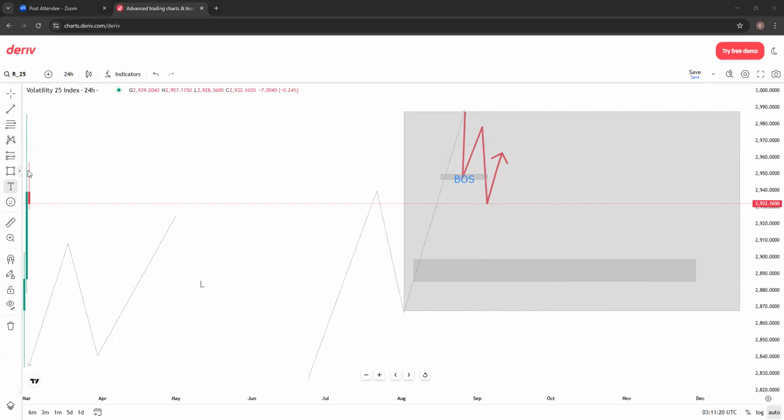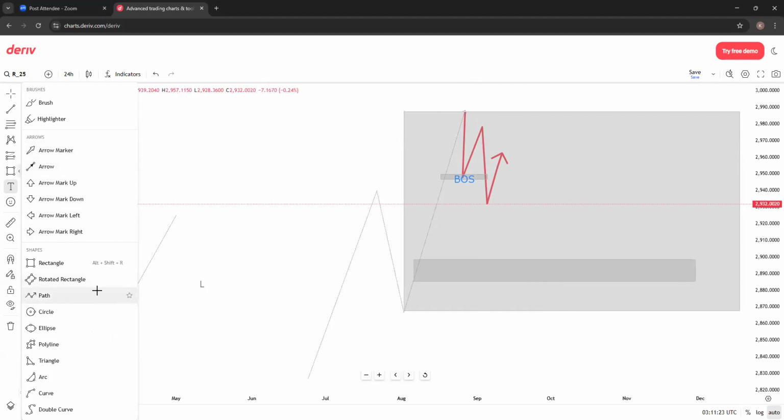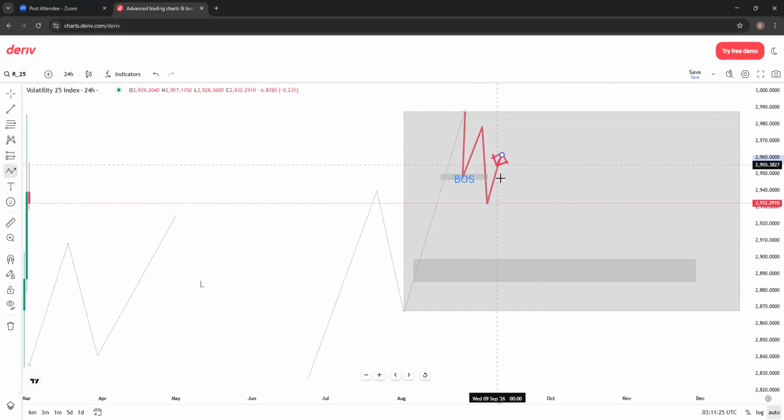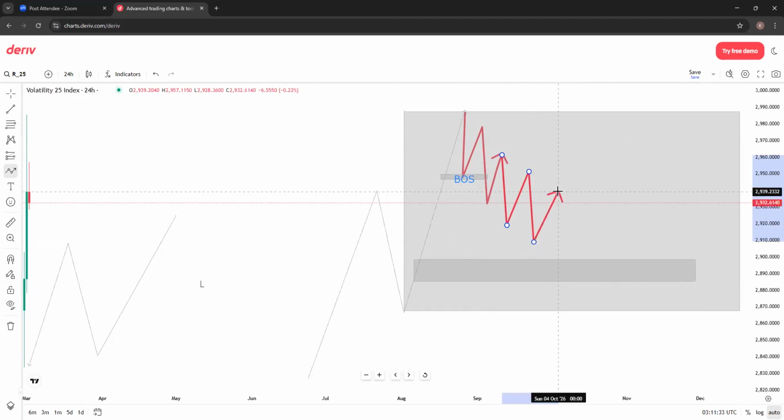So now what you find your flag doing is it's now playing out. You now have a flag. And as you dip into your discounted levels, you also need to take note of what you have in those levels. For instance, let's say we have an order block, or maybe a gap.